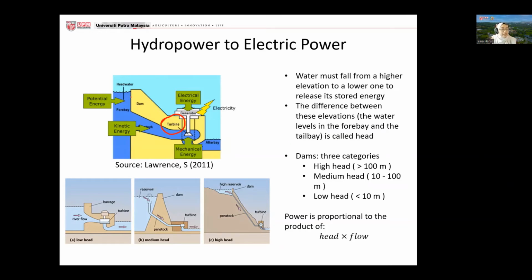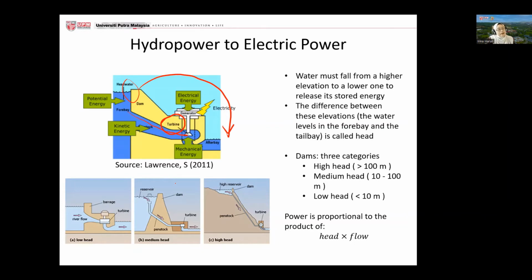So usually when the dam is full, they will open it, and then the flow of water will actually turn the turbine. Because it wants to go from here to there, and as it goes down, that movement will turn the turbine.